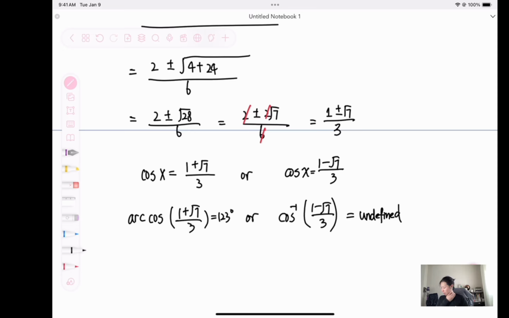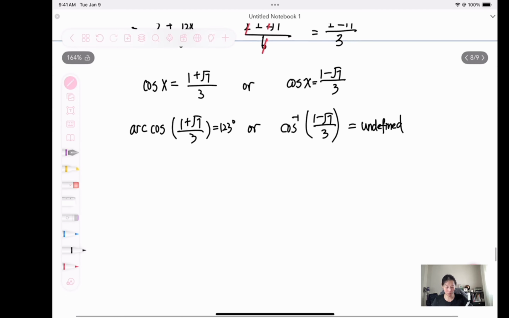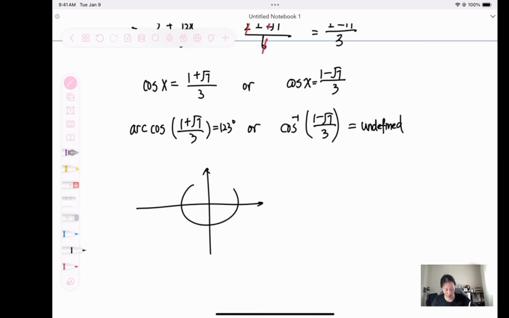All right. Remember that. Okay, let's see where 123 degrees is. 123 degrees is in the second quadrant. So 123 degrees will help us find the reference angle.